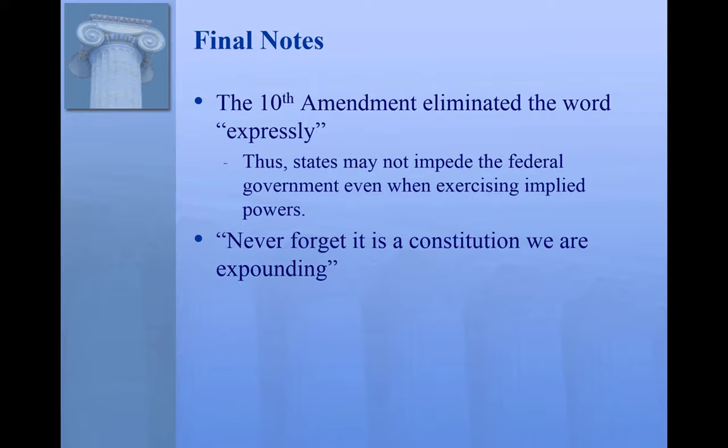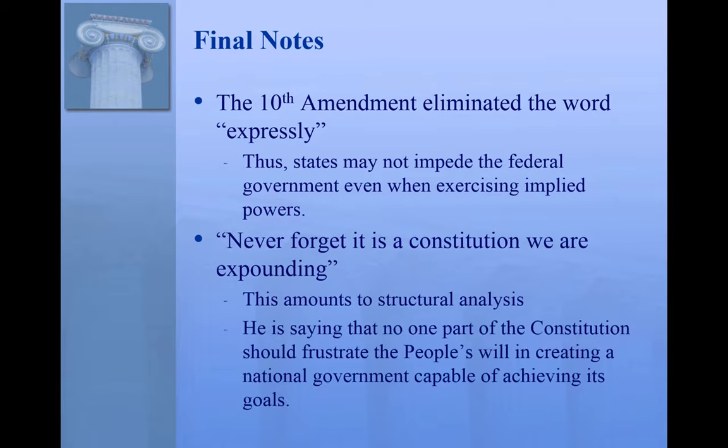It occurs to me that what he's saying, if you think back to our lecture on chapter 1, is that he's using a structural analysis. He's saying no one part of the Constitution should frustrate the people's will in creating a national government capable of achieving its goals. And the primary goal of the national government is to create a more perfect union. And of what does that more perfect union consist? A broad national economic regulatory policy.